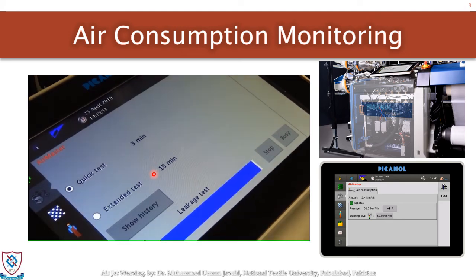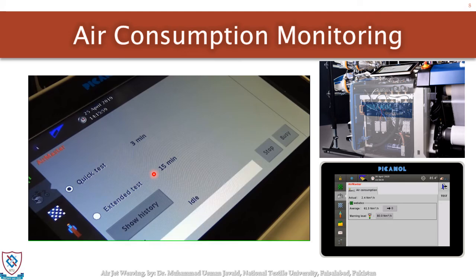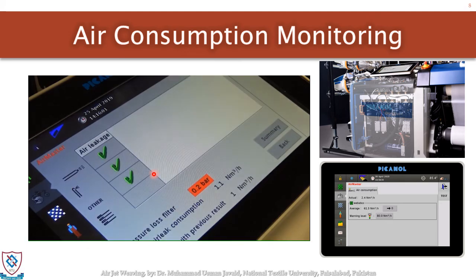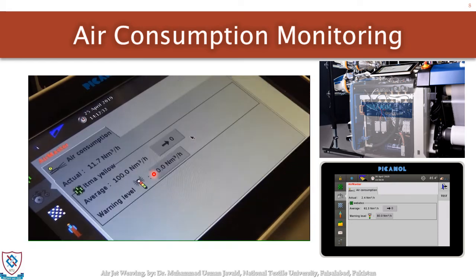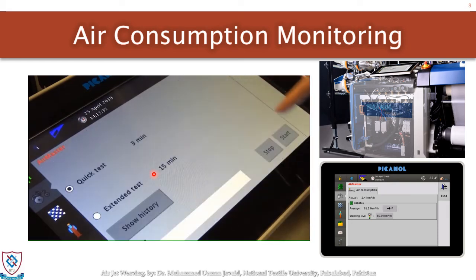Basically, this is a system that monitors the use of air pressure on the machine, the volume that the machine is consuming, and it can also measure if there is a leakage in the system, and we can set different parameters to check if there is some extraordinary usage.